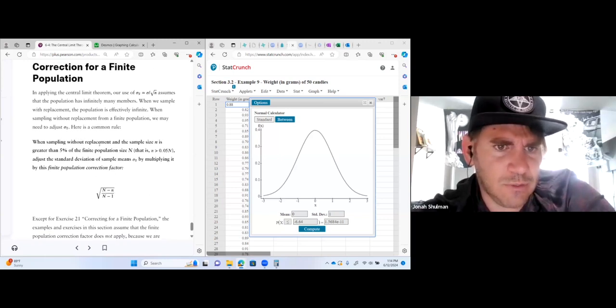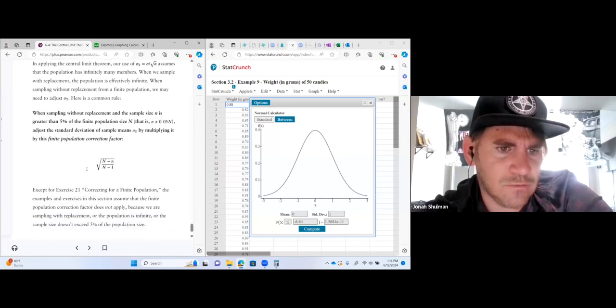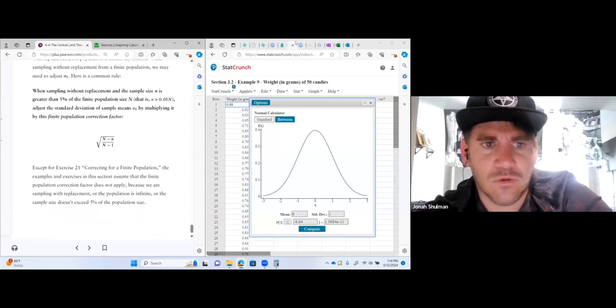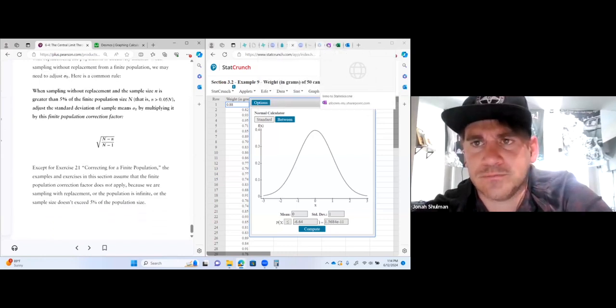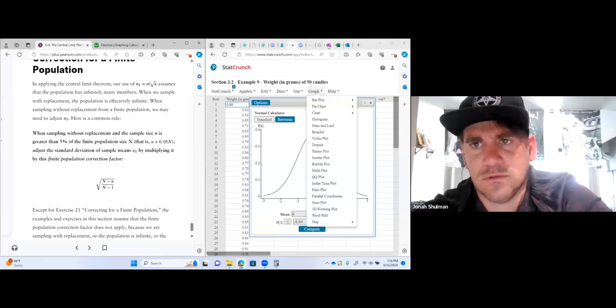So when sampling without replacement, the sample size n is greater than 5% of the population size. Adjust the standard deviation sample by multiplying it by its finite population correction factor.